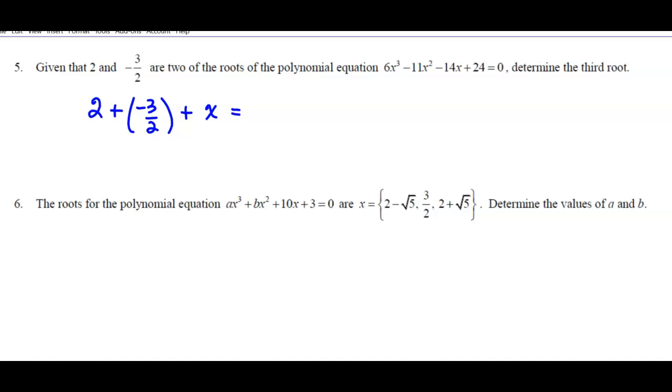Okay, so if you're doing the sum, remember the sum is the opposite sign of negative 11 over 6.